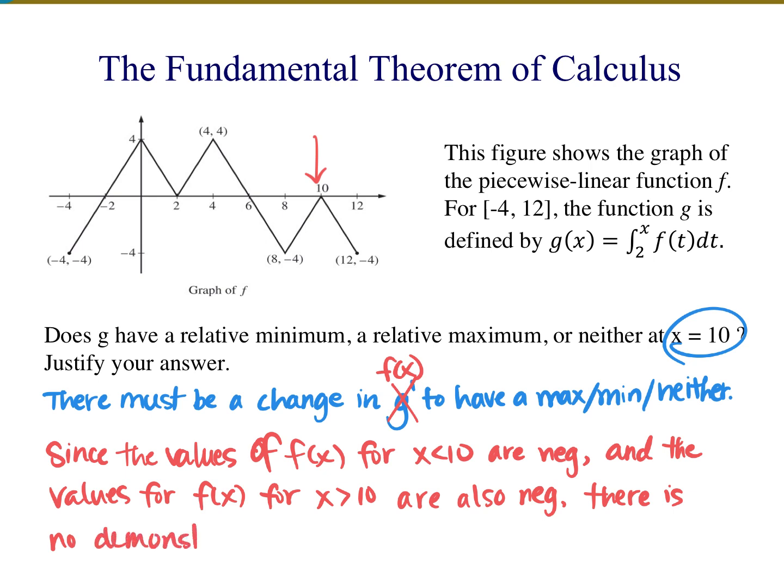Okay, so then it can't be either a max or a min there. So that might be one way to describe it. Of course, there's other ways you guys can describe it. You guys are getting really, really good at writing your justifications, but there's a sample.